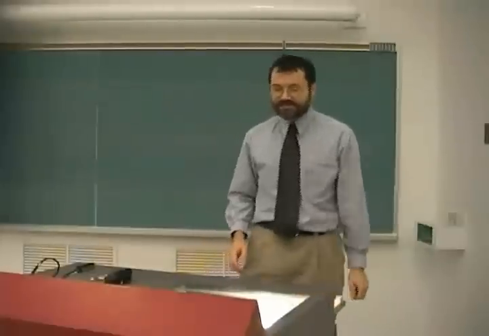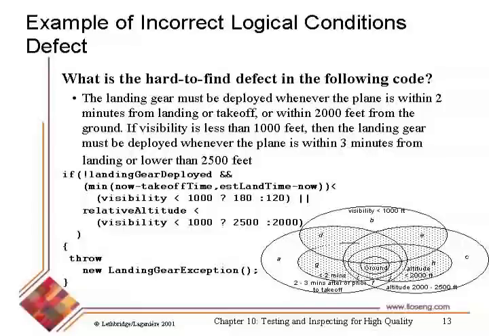Here, for example, isn't exactly that. This is a statement from a piece of requirements for deciding whether some landing gear in a plane should be lowered or not. The concept is that the landing gear should be lowered when the plane is going to land or might need to land in an emergency.